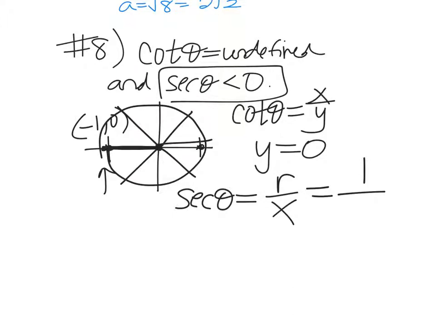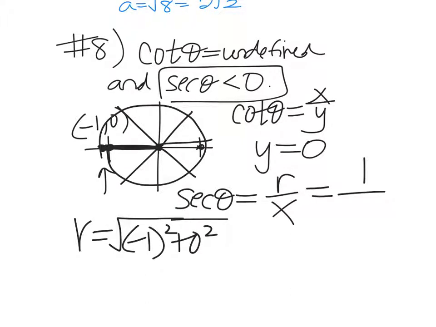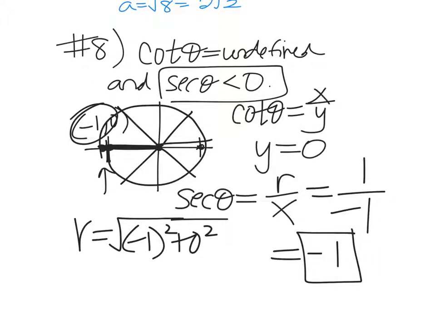So if I'm going from here to here, that's a distance of positive 1. Or you think of it as r equals the square root of negative 1 squared plus 0 squared, which is 1. All right, and then what's x in this case? X is negative 1. So what's the secant of theta? Negative 1. Those are going to be the trickier ones, the special ones. But tomorrow when you do the unit circle, they're going to be a little bit easier to manage, okay?